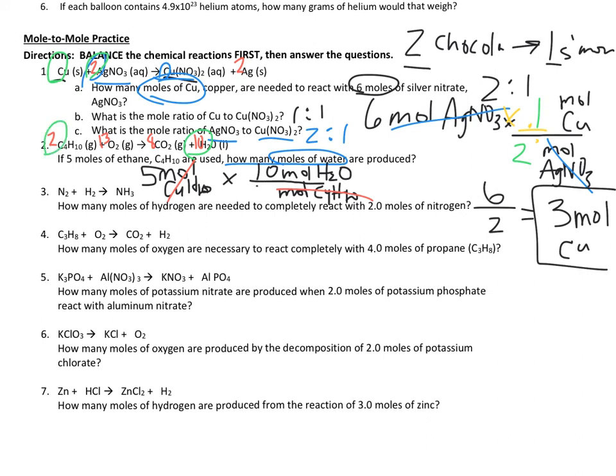Okay, so the 2 goes down on the bottom. So now we do our math. Multiply the top, divide by the bottom. So 5 times 10 is 50, divided by 2 equals 25. So 25 moles of water can be made with 5 moles of ethane. So that's your answer for the second one.